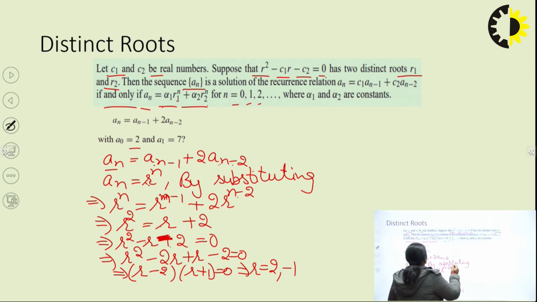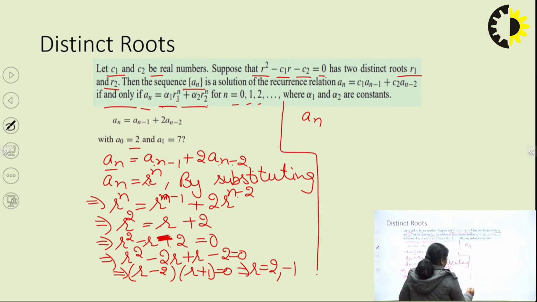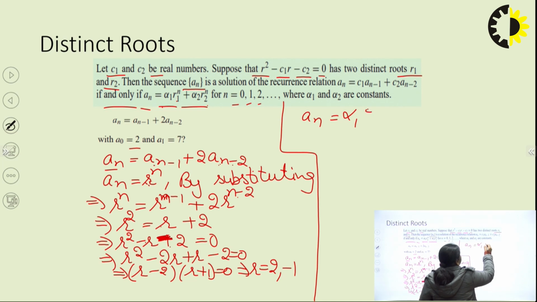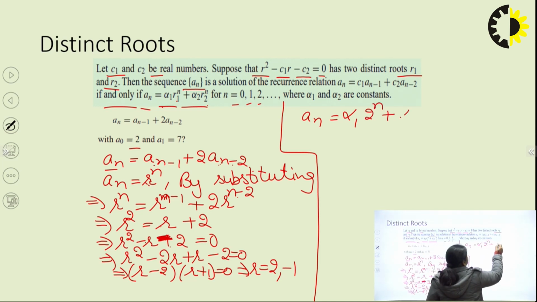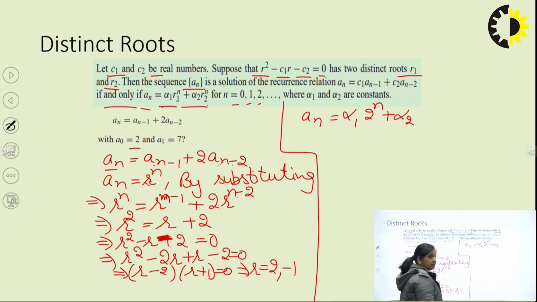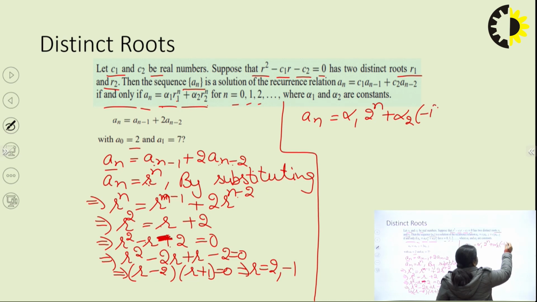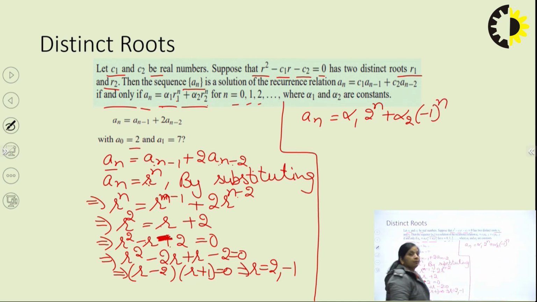So my solution will be An is equal to alpha 1, and what is my first root? 2, so 2 to the power n, plus alpha 2. What is my second root? That is -1, so it will be -1 to the power n.